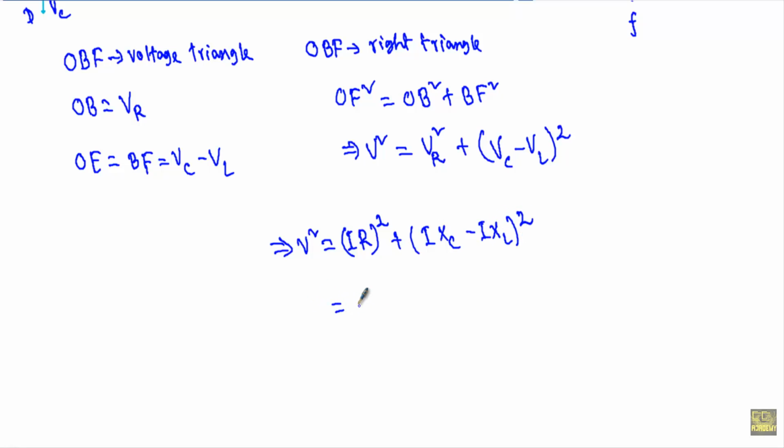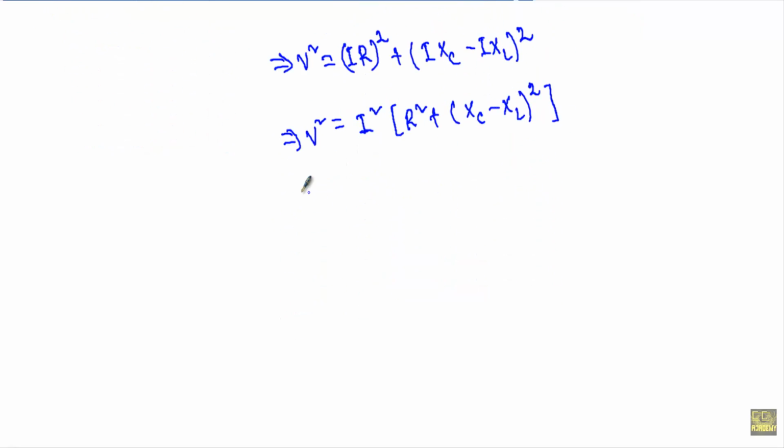If I take I square common, I will get I square into R square plus XC minus XL whole square equal to V square. If I take the square root, I will get V equal to I into root over R square plus XC minus XL whole square.